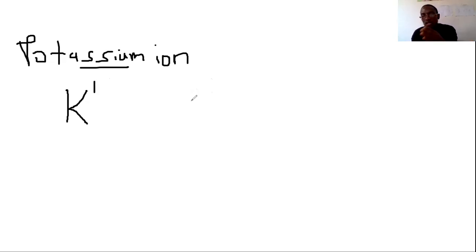So you check your zigzag line. The zigzag will tell you that potassium is on the metal side, therefore it carries a positive charge, and you cannot say 1 positive. So 1 positive is the same as positive. This is what we call potassium ion.